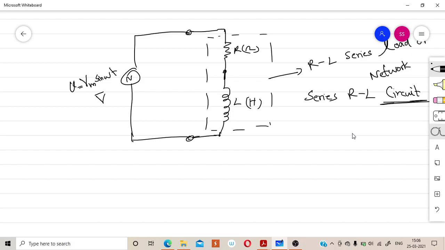Since this is a closed path, a current I will flow, and this is again a phasor, denoted by I phasor.